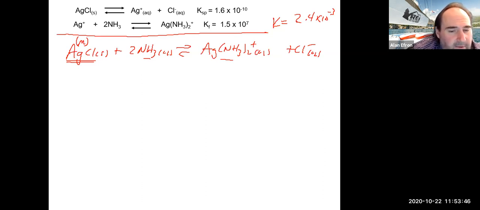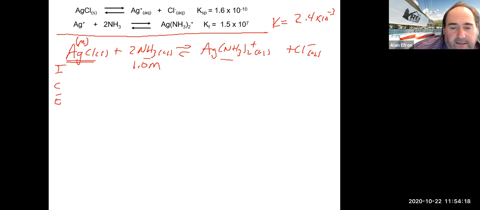The way we want to approach this is with an ICE table, more in line with our Ksp tables. We're going to start with what was given to us. In this case, it wanted to know the solubility of silver chloride in 1 molar ammonia. So we have the starting amount given to us.